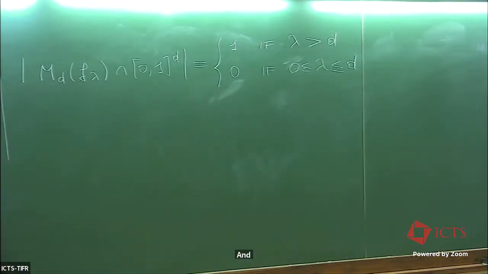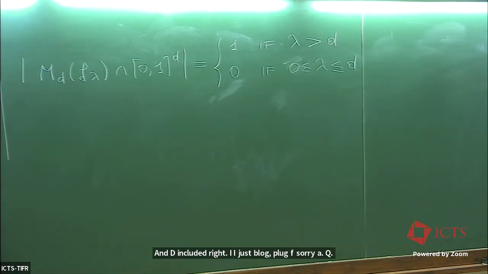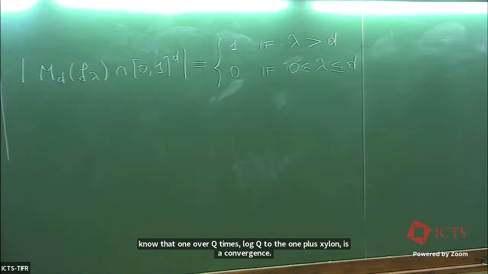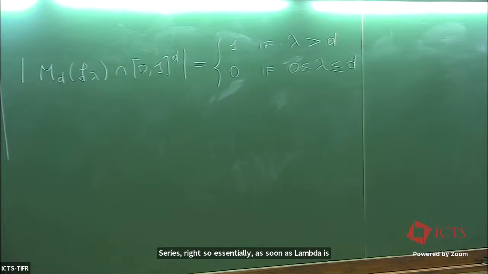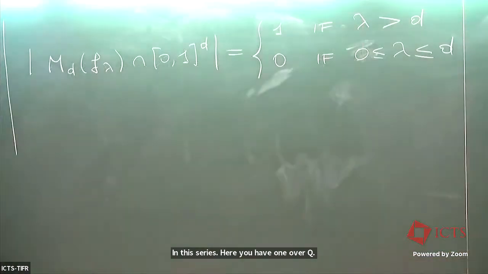I just plug q times (log q)^lambda here, and we know that 1 over q (log q)^(1+epsilon) is a convergent series. So as soon as lambda is bigger than d, you have 1 over q (log q) to the 1 plus something, and you're happy.